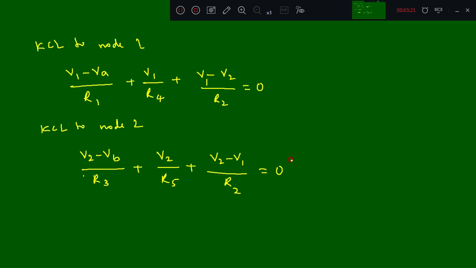In these two equations, VA and VB are constants, so we can solve for V1 and V2 from equations 1 and 2. This is the simple analysis of the node.